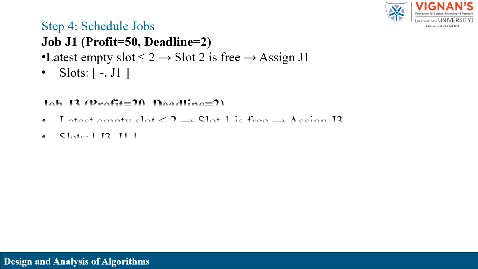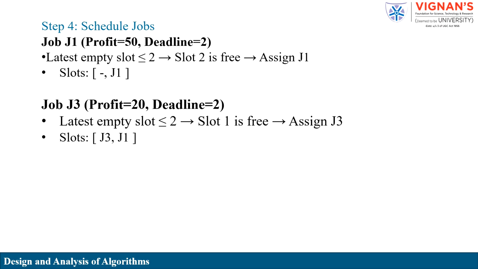Next, consider job J3. Job J3 has a profit of 20 and a deadline of 2. We again look for the latest empty slot less than or equal to 2. Slot 2 is already filled, but slot 1 is free. So, job J3 is assigned to slot 1.